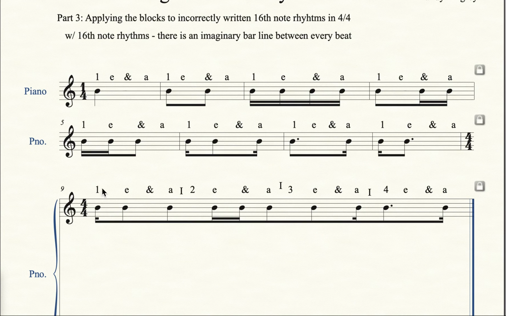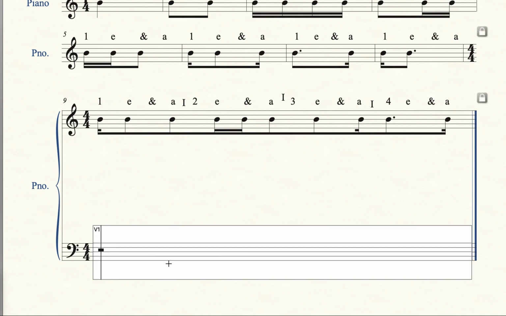So here I have 1 plus 2 plus 1, which is the same as this subdivision. 1 plus 2 plus 1. We're going to tie the last note of this building block to the first note of the next. So that's our first building block.